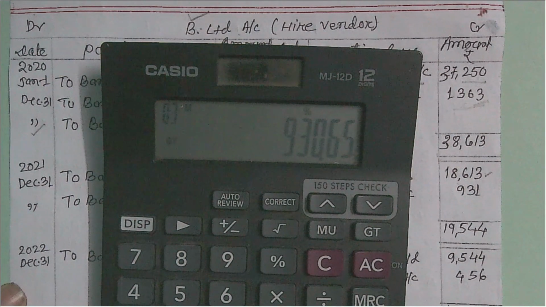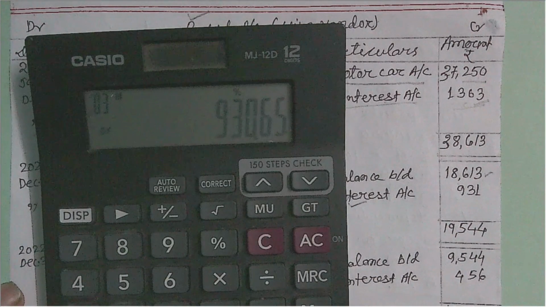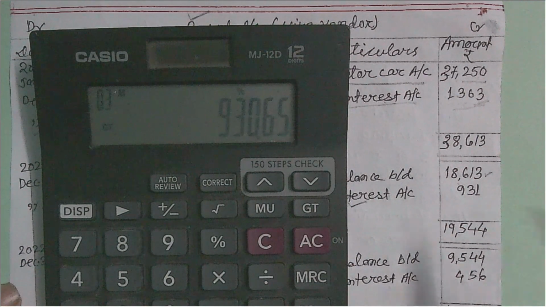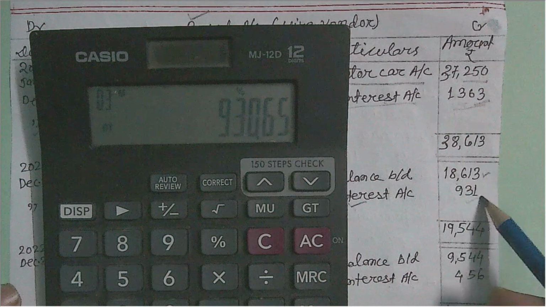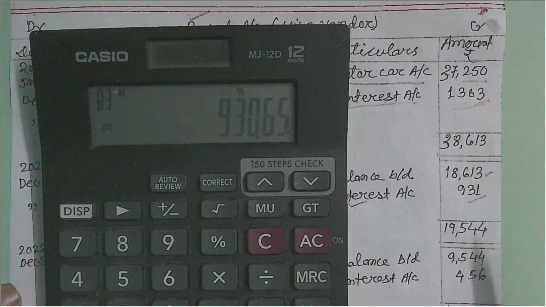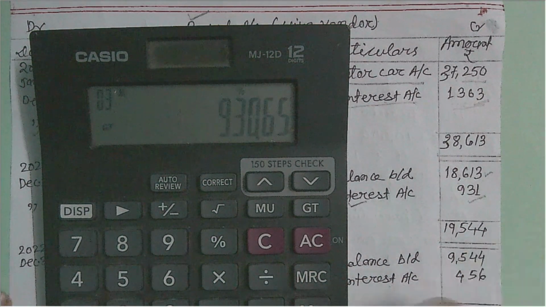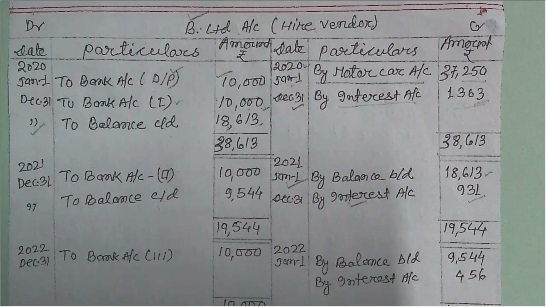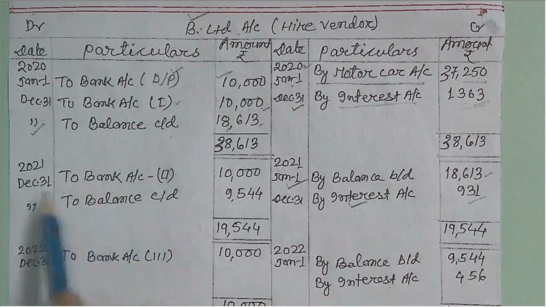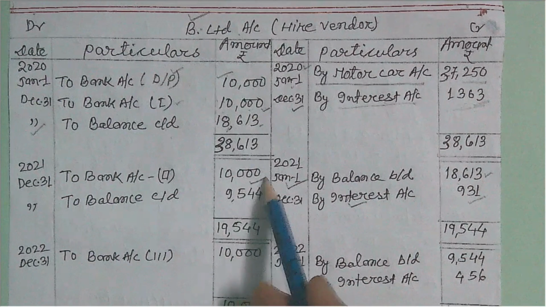After the decimal it is more than 5, so the preceding figure you increase by 1, that is 931. So here 931 is taken. Alright, then you have to pay the second installment. The installment amount is fixed at 10,000.